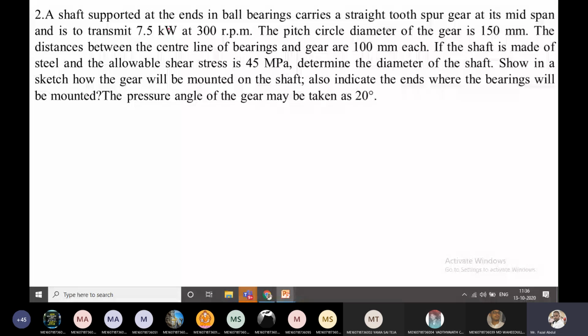I'm drawing the ball bearing here. This representation, a square box with a cross mark, represents the bearings. That is the conventional representation of the bearing. Like this. This is nothing but the conventional representation of the bearing.